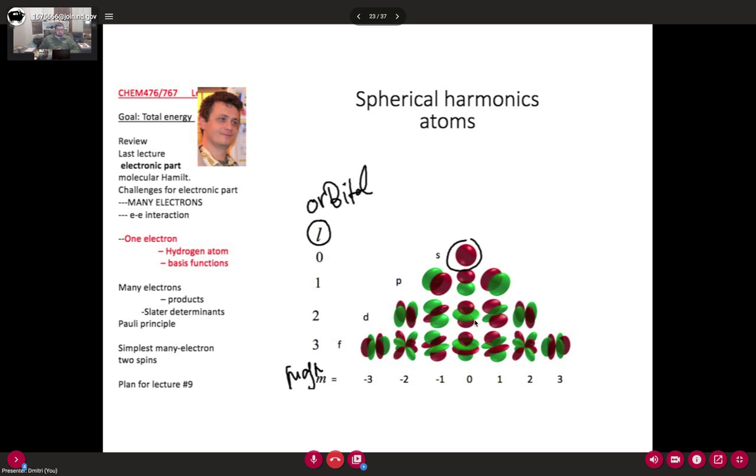But if magnetic quantum number increases, then it corresponds to rotation in the x and y plane, and the larger this number, the more nodal planes appear in the x and y plane. Okay, so it's just fundamental that we will later use, but it's not part of this course.